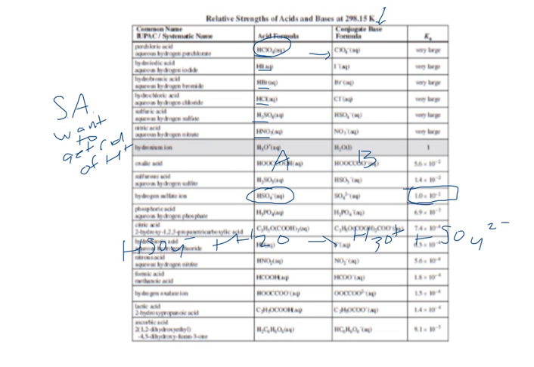But if this number is less than 1, it means this reaction takes place less than half the time. So this stuff's going to turn into this stuff, but immediately it's going to start turning back again. Does that make sense? So does this guy want to get rid of its proton? Yeah, maybe a little bit.